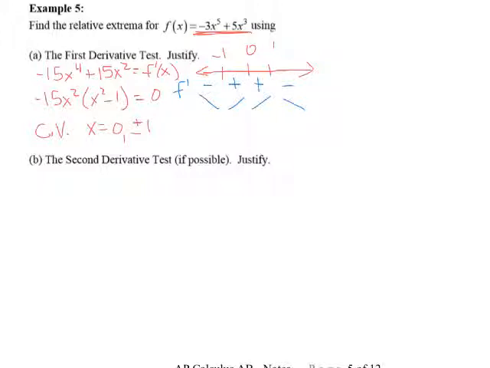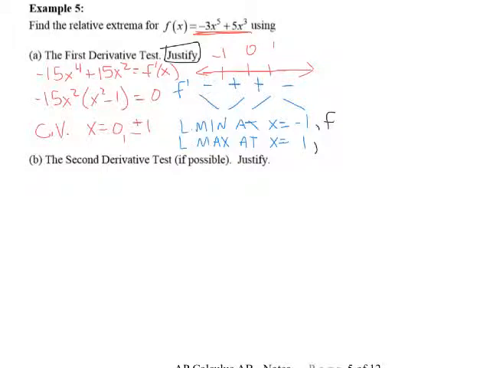By the first derivative test, we have a local min at x equals negative 1, and we have a local max at x equals 1.